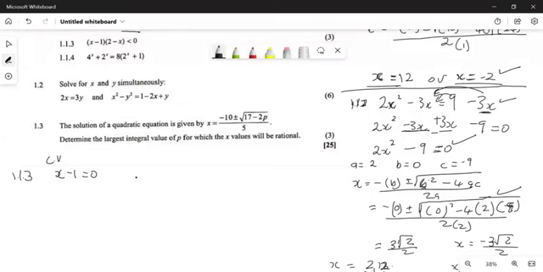You are going to say 2 minus x is equal to 0. What do you get from here? x is 1, and here x is going to be equal to 2. Okay, so you got your critical values.